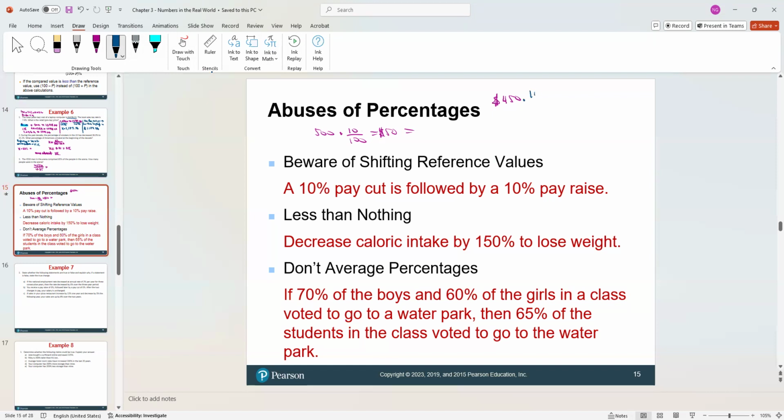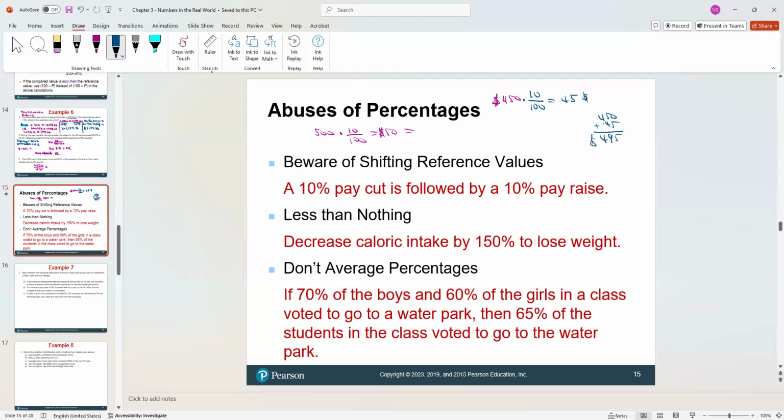Look at what happens if you do 10% of 450. What's gonna happen if you take 10% times 450? Now you see what they give you as an increase would be $45. So 450 plus 45 gives you 495.